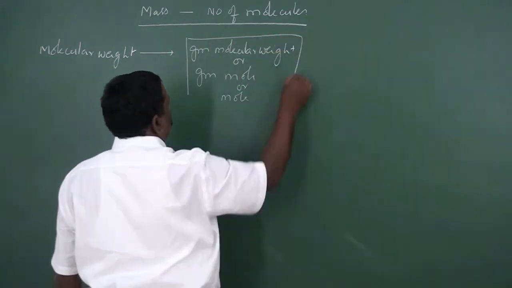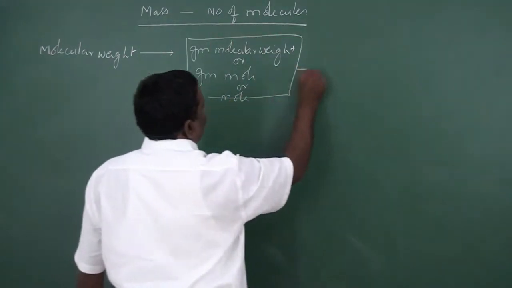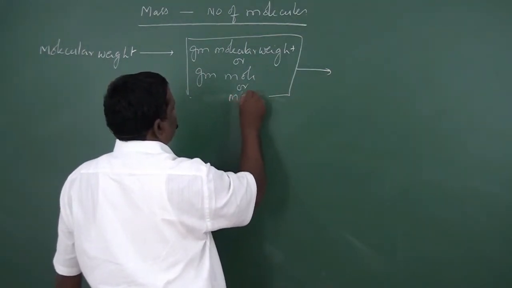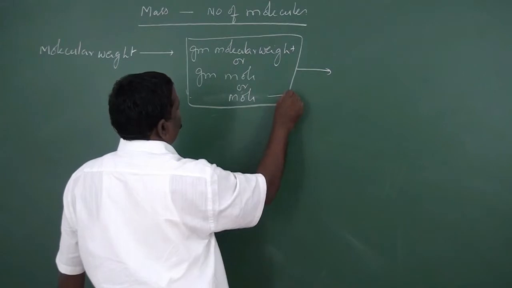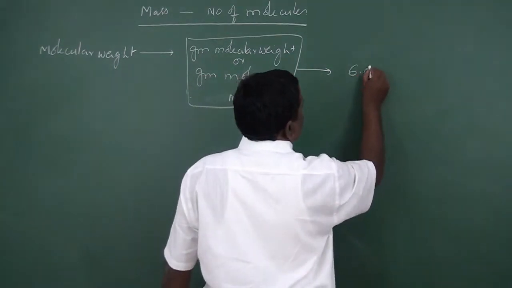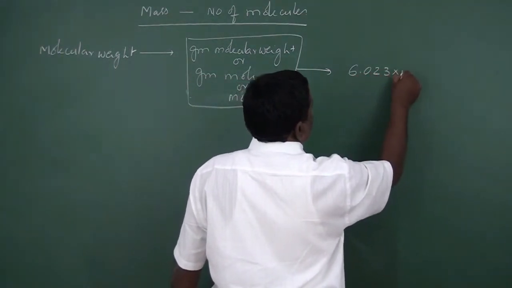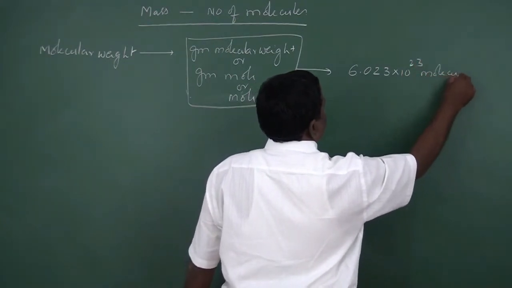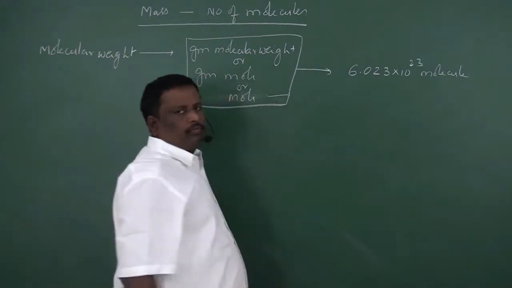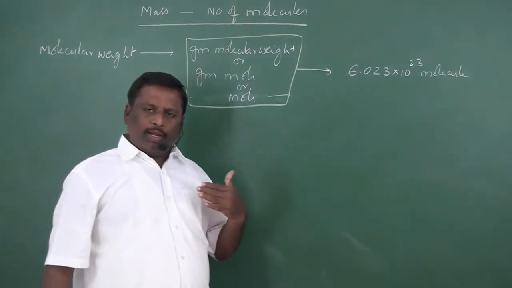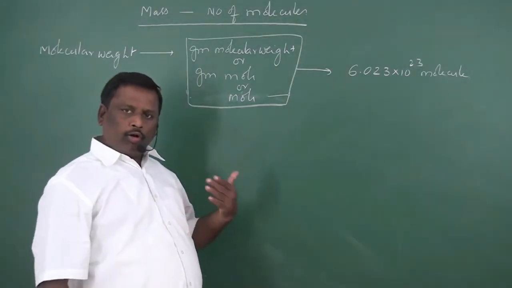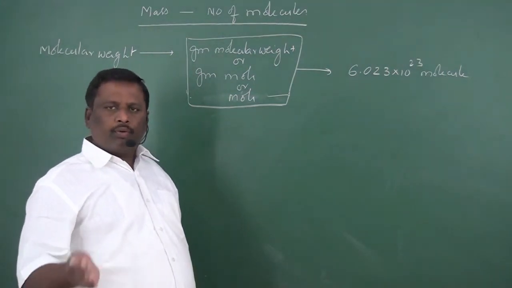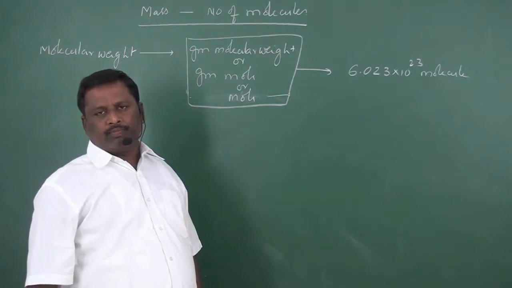Now, 1 mole of any substance will contain 6.023 into 10 to the power 23 molecules. So this is the relation. If weight of the substance is given, we already know how to calculate the number of moles present in it.